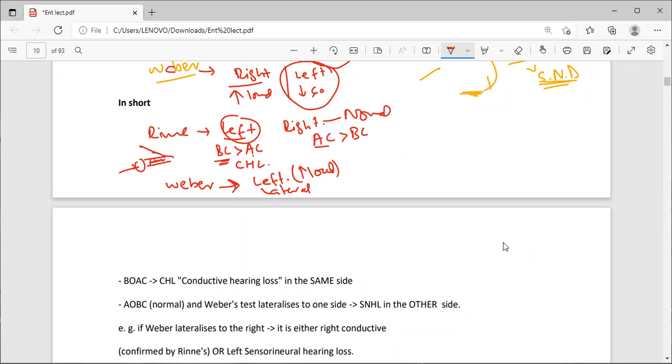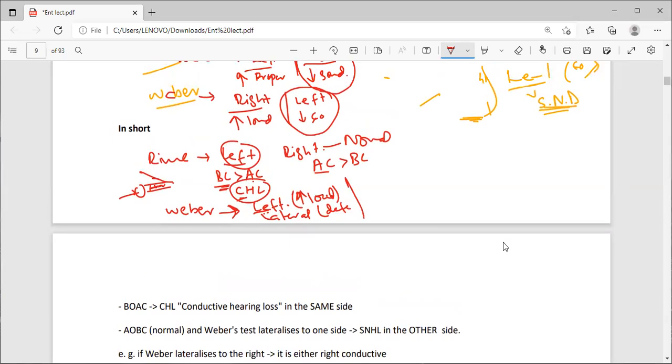Despite the fact that there is conductive hearing loss in this same ear, the left ear, you will perceive sound louder than the normal ear. Why? Because of the conductive hearing loss, there is oversensitization of the cochlea, vestibular nerve, and all the semicircular canals. So Weber will lateralize toward the defective ear. Now we have confirmed that the left ear is having conductive hearing loss.